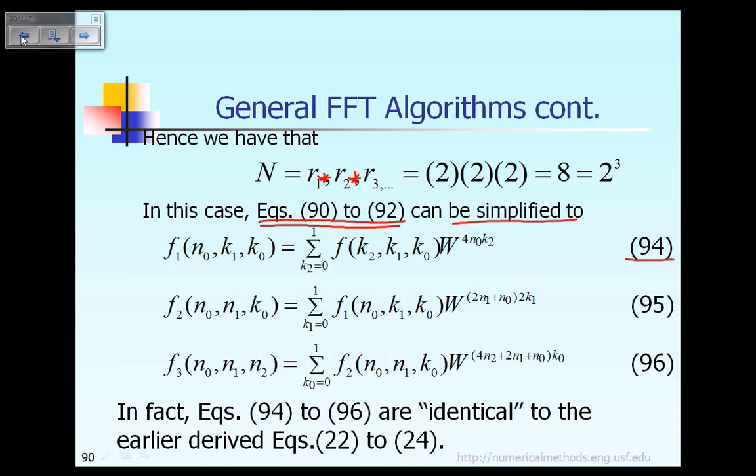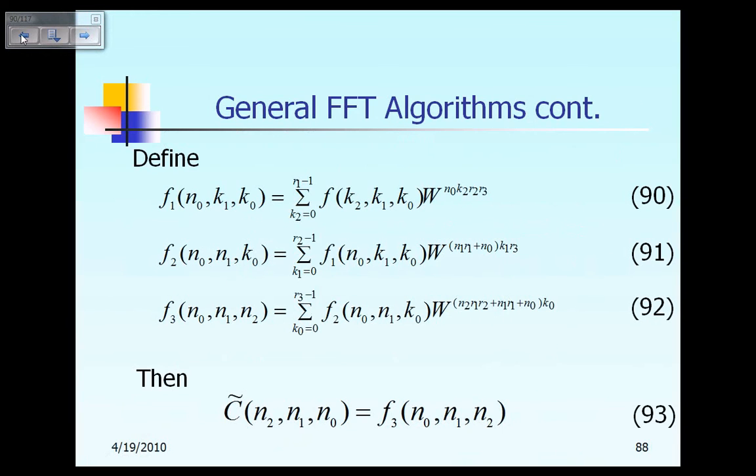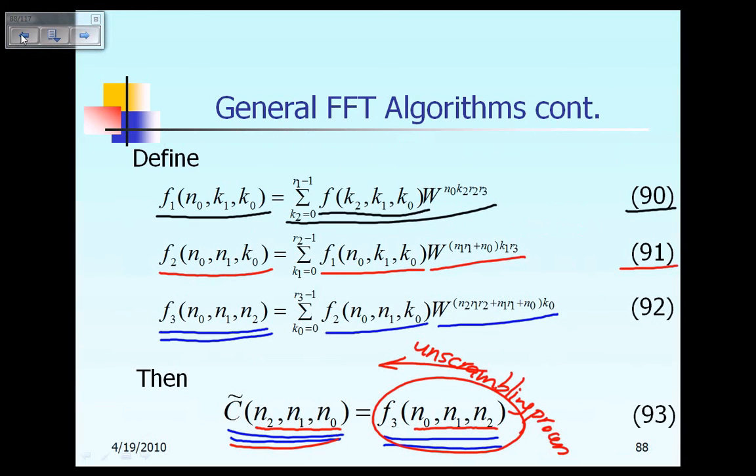Equations 90, 91, 92. You see that? This is equation 90 to compute the first intermediate vector f1. Equation 91 computes the second intermediate vector f2. Equation 92 computes the third vector f3.